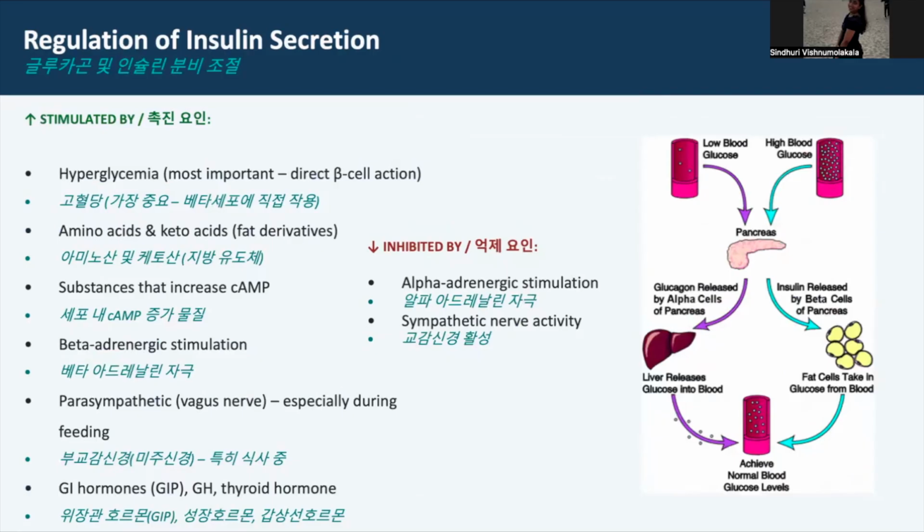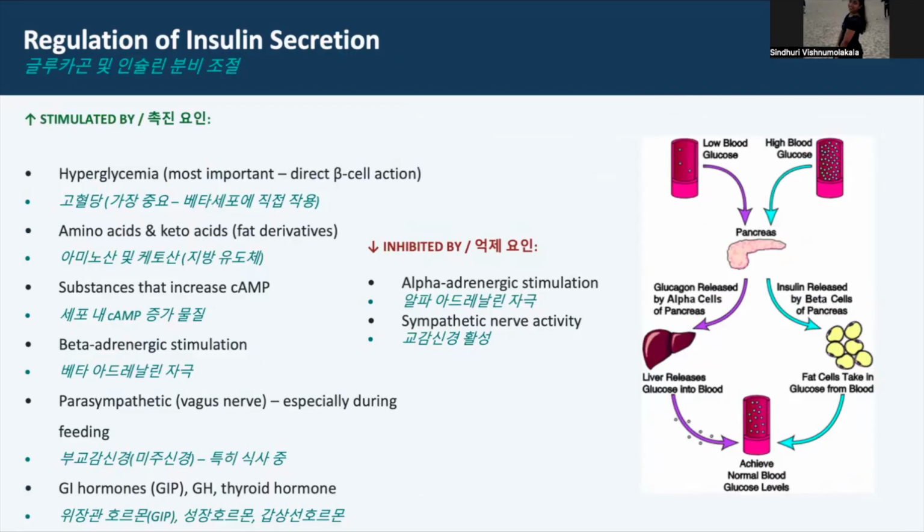Now that we understood the regulation of glucagon, let's understand the regulation of insulin. It is opposite. So, in hypoglycemia, glucagon is secreted. In hyperglycemia, insulin is stimulated and released.